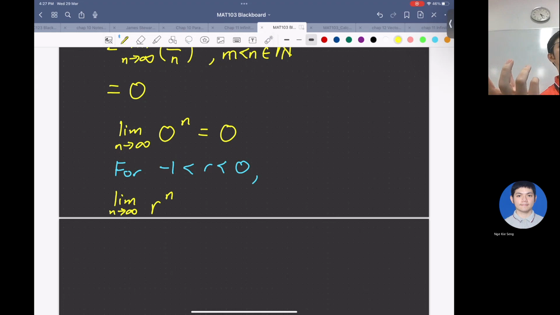So how are you going to fix this? Any idea? You have an alternating sequence whose absolute value you know converges to 0. So how do you deduce that the original sequence converges to 0?